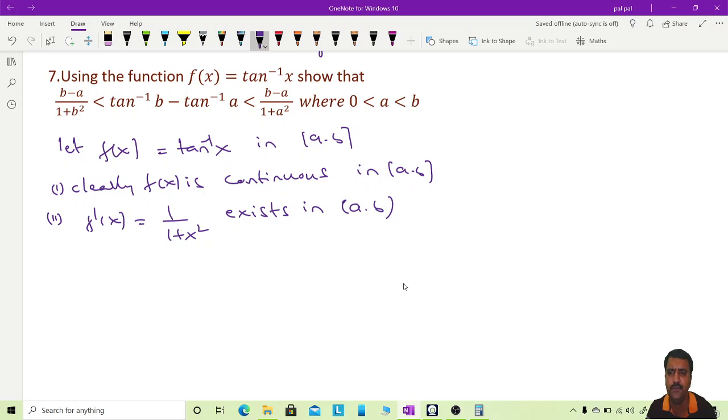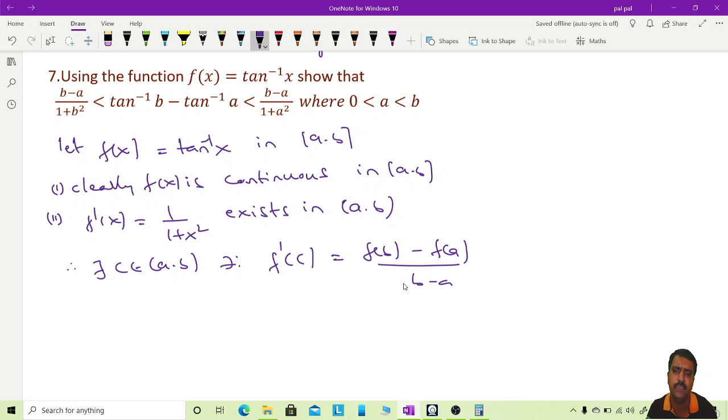So this is by using Lagrange's mean value theorem. According to Lagrange's mean value theorem, there exists c belongs to ab such that f dash of c is equal to f of b minus f of a by b minus a.